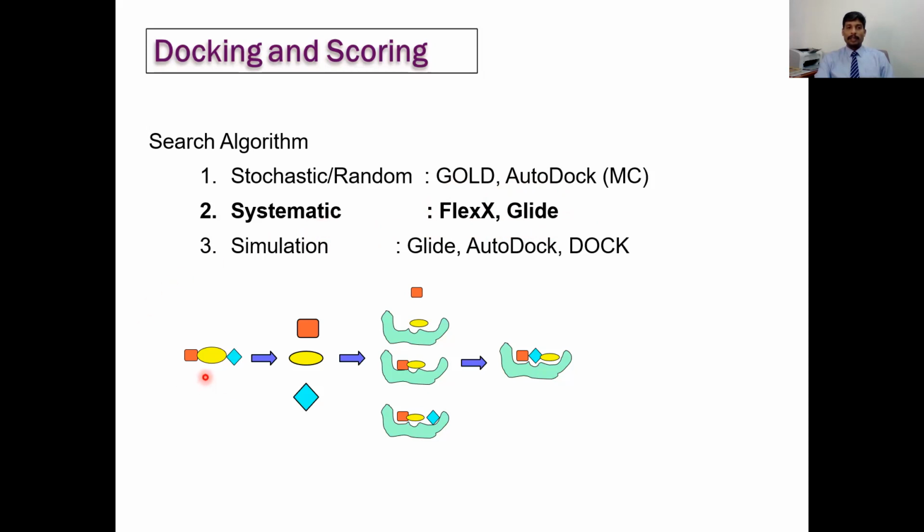So systematic is like, say, this is the ligand structure. What it will do, it will split it into different parts. So it will split into, okay, this is the aromatic, this is the aliphatic or hydrophobic, this is the hydrogen bond, and something like that, ester bond. All this is split, and it tries to find which one is the best for which kind of interaction.